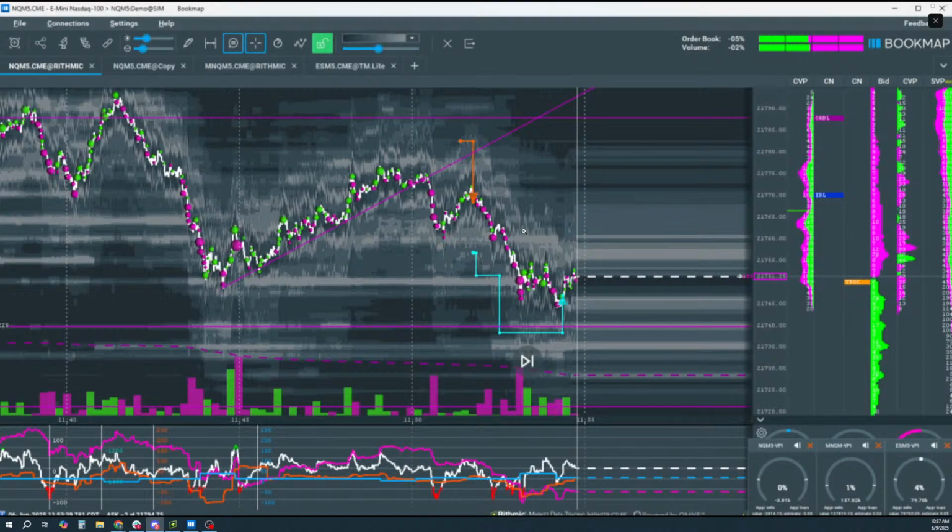Precisely it. She's got a break of this structure, here's the move down, here's the high volume, and here's the low volume pullback to where it broke from in the structure. This is just picture perfect.